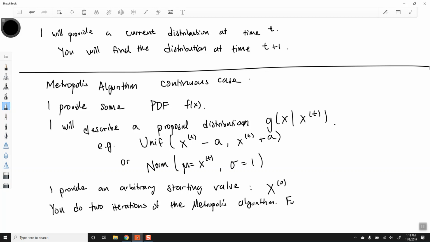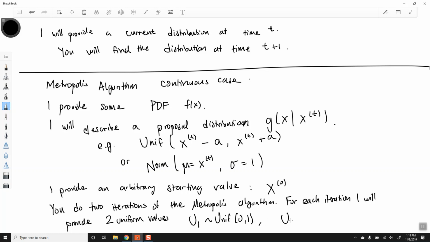Okay, and for each iteration, I will provide two uniform values. U1 drawn from unif 0 1 and U2 drawn from unif 0 1, okay?